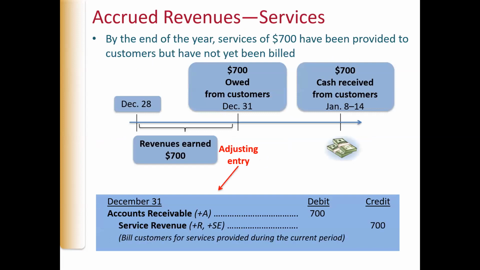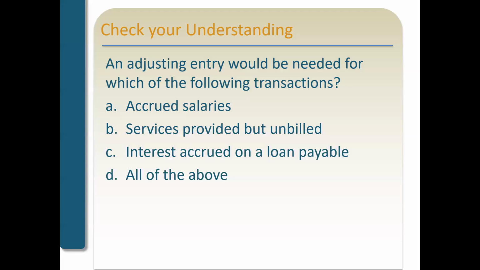So we've provided the services, we haven't received the cash yet. That's why we need to show we have an accounts receivable, we're expecting to receive cash, but we get to credit our revenue because we provided the service.